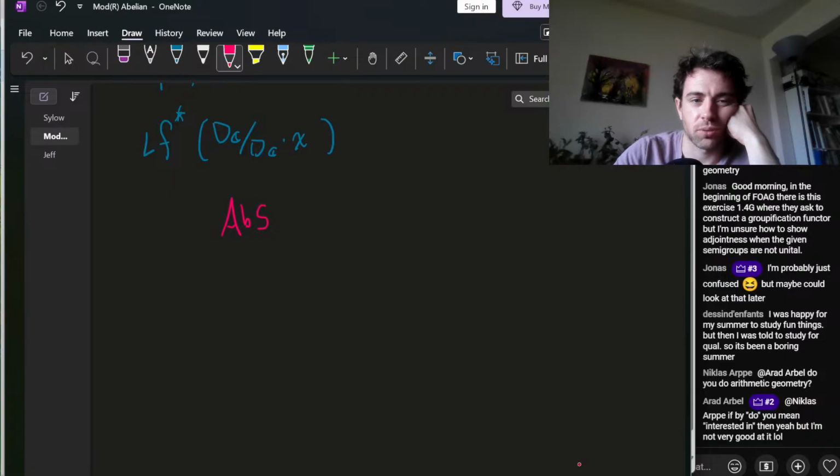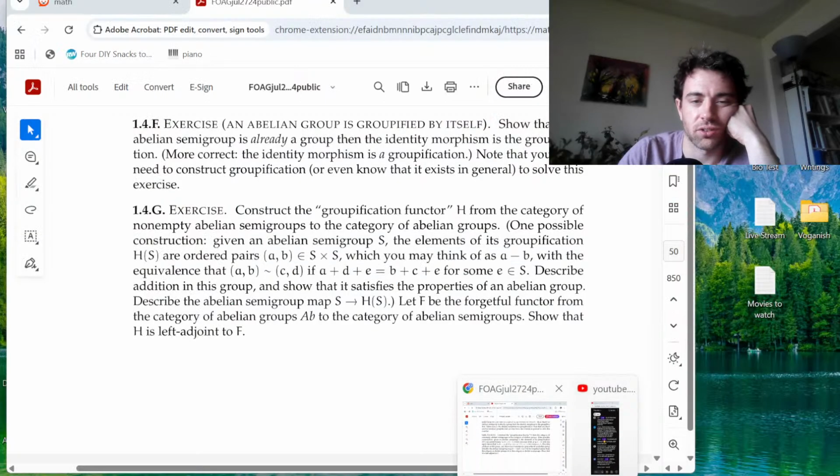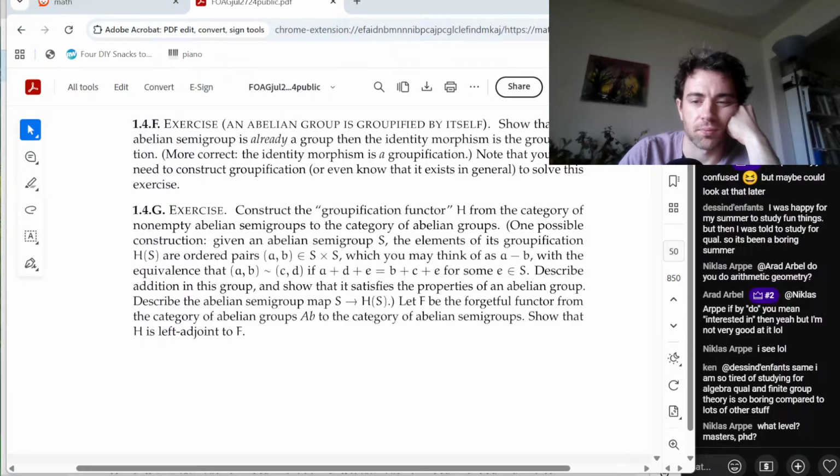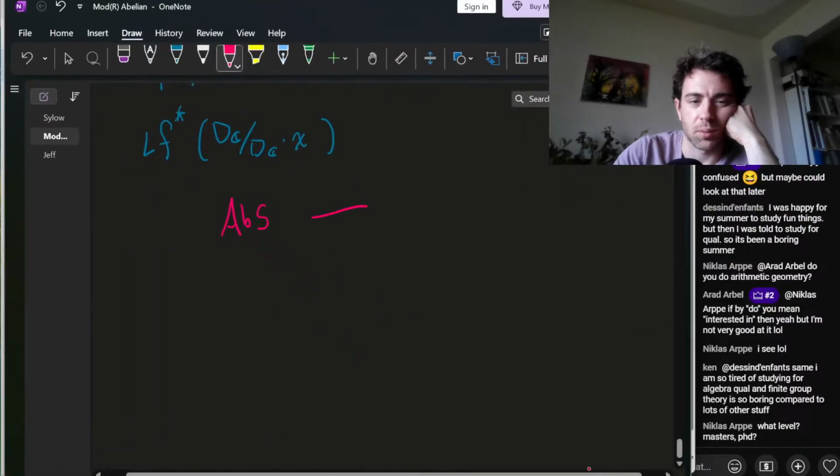Ab S, I guess we'll call it. Ab S to abelian groups, of its groupification. Ab S to Ab.